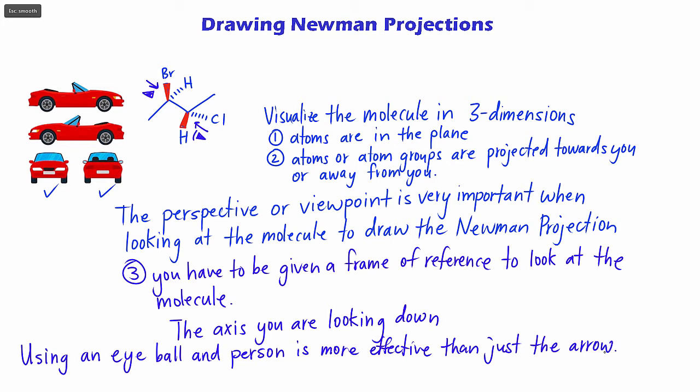And you'll see what I mean by that in a minute. So if you can use a person, you can distinctly determine your left and right side and deduce what is coming into the plane and out of the plane. Okay?